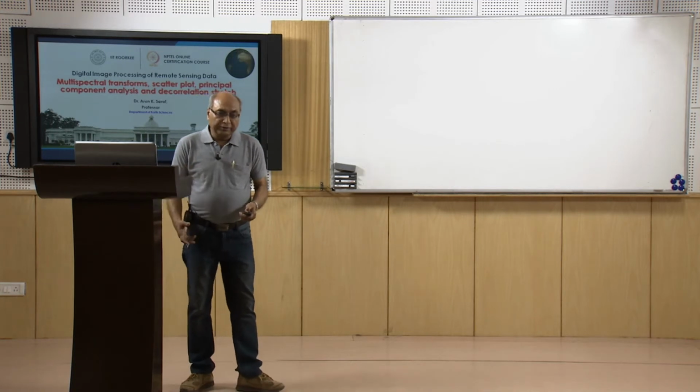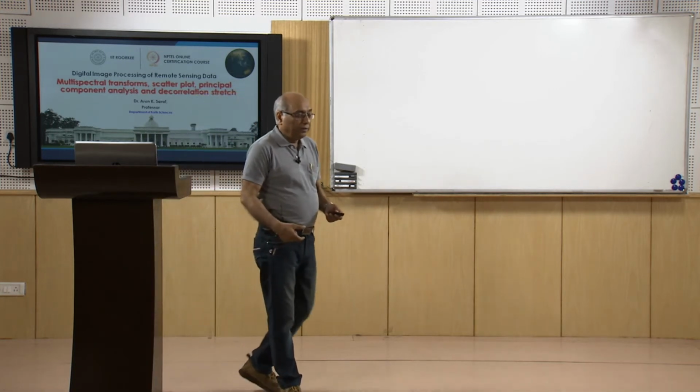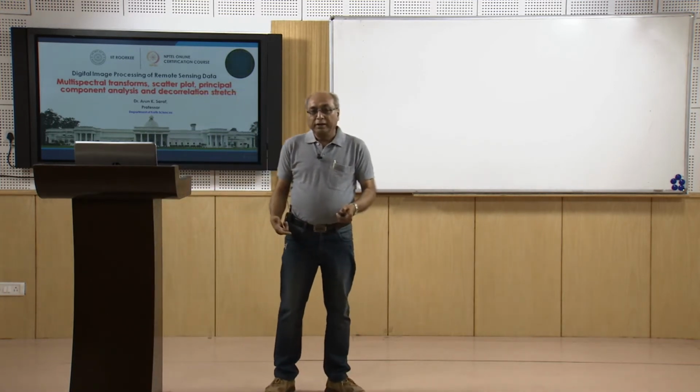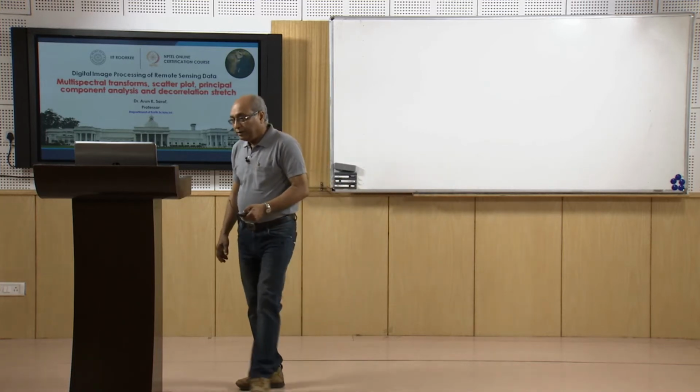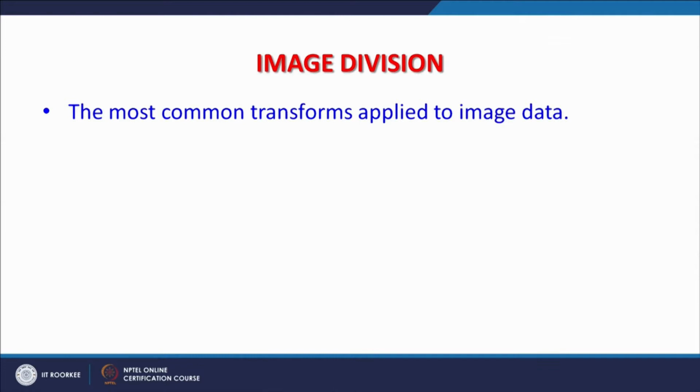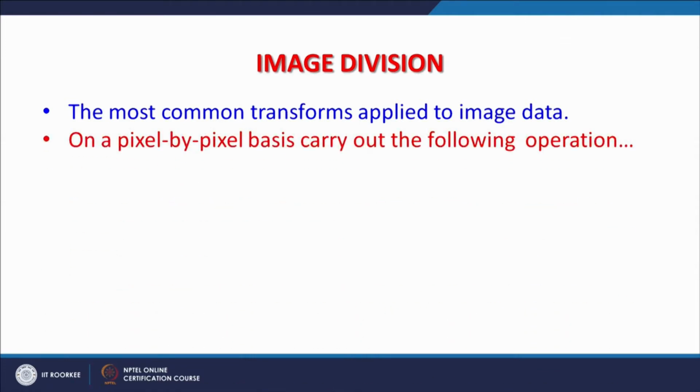So first, a very simple multivariate analysis involving more than one band may be the image division or band division. The most common transforms applied to image data, that is image division, carry out the following operations on a pixel by pixel basis. For example, band 1 divided by band 2.